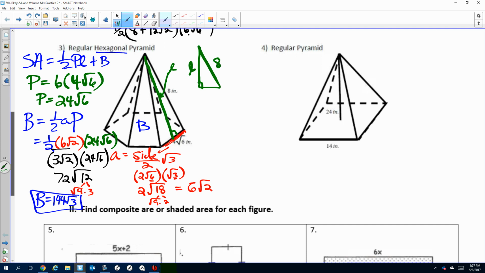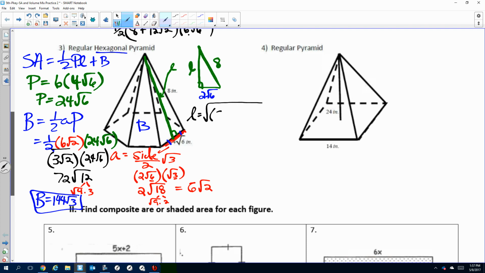The L becomes the vertical leg and gets bisected down here. So 2 root 6 becomes the other leg, the horizontal leg. So I'm going to have to use Pythagorean Theorem to get to the length of my slant height. Because I'm finding a leg and I have the hypotenuse, I'm going to end up subtracting. So I'm just kind of going to do it all in one step.